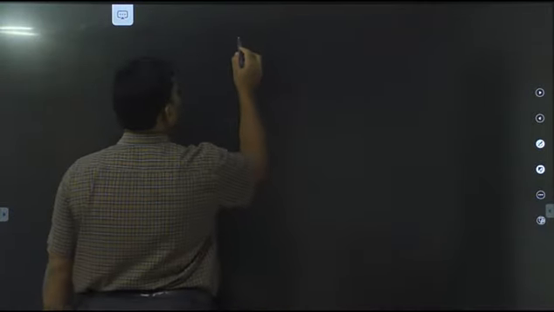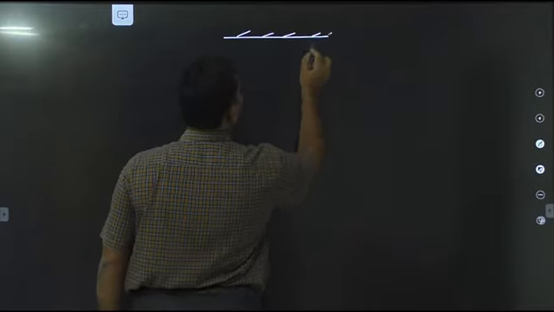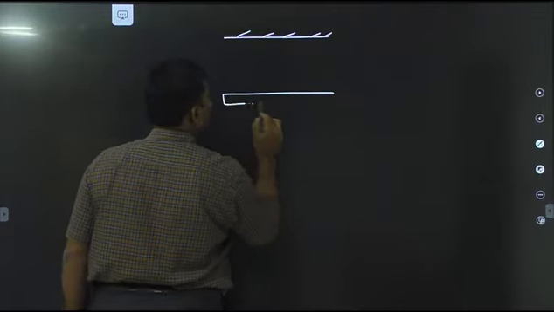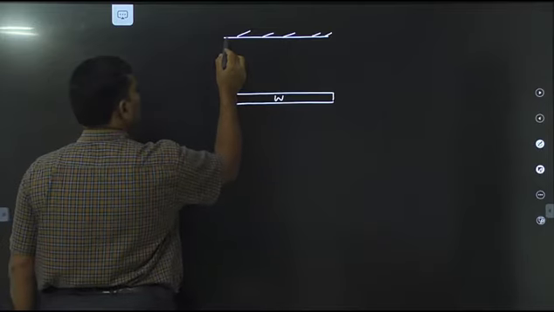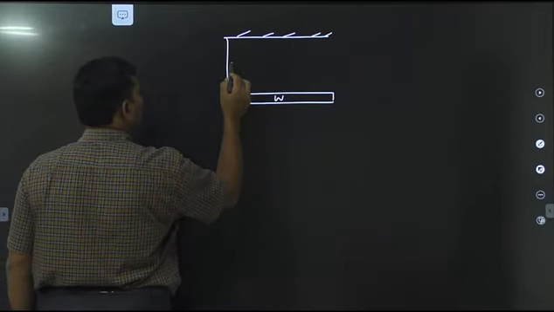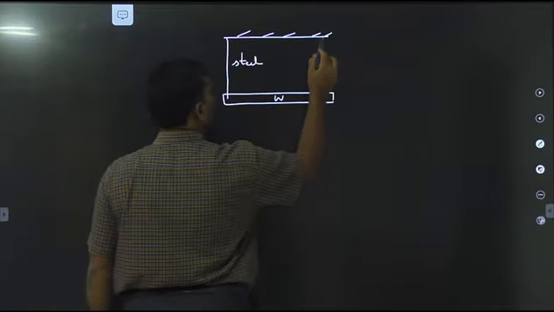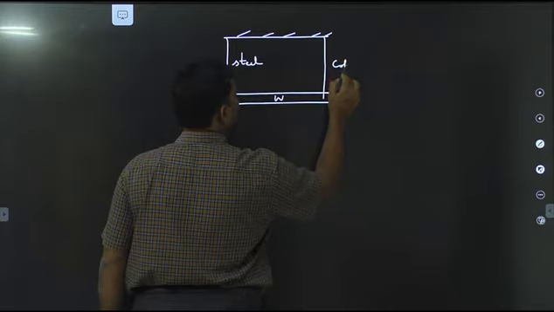Once again I draw. This is the rigid plane. There is a bar of weight W. One end is suspended with a wire made of, say, steel. The other end is also suspended with a wire made of copper.